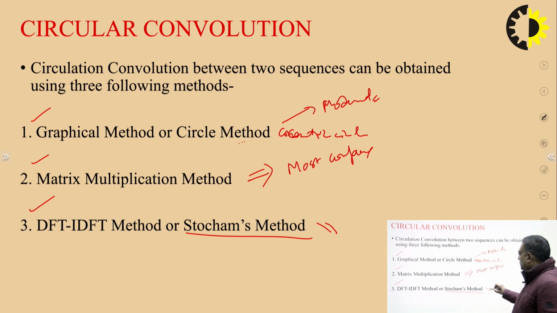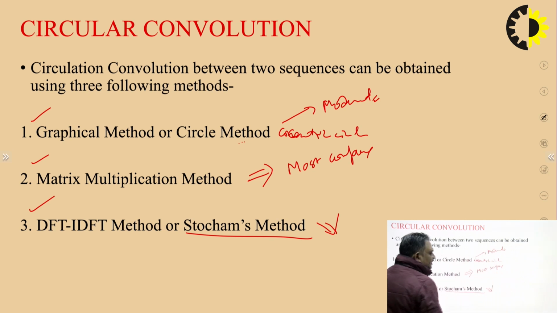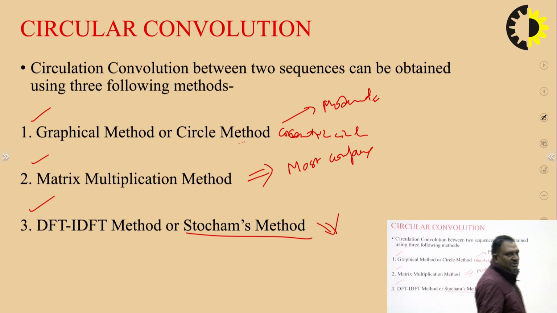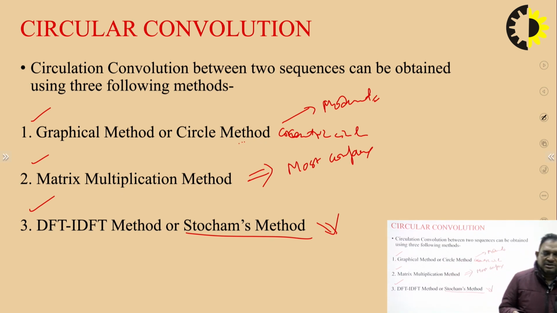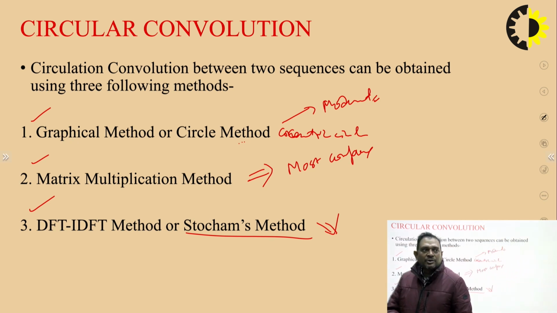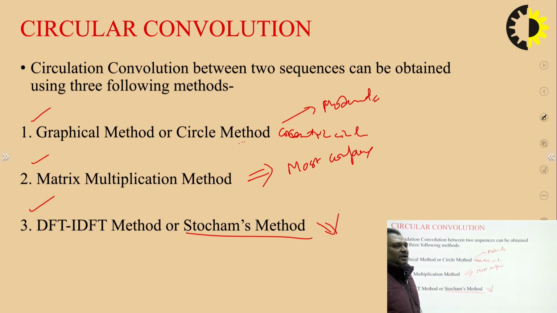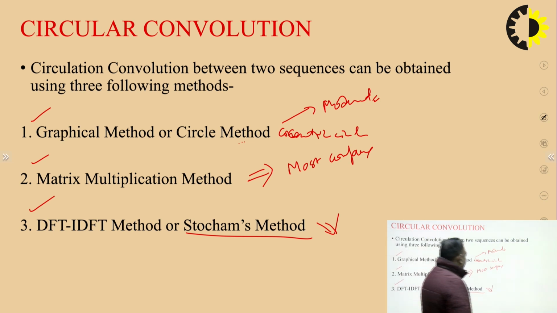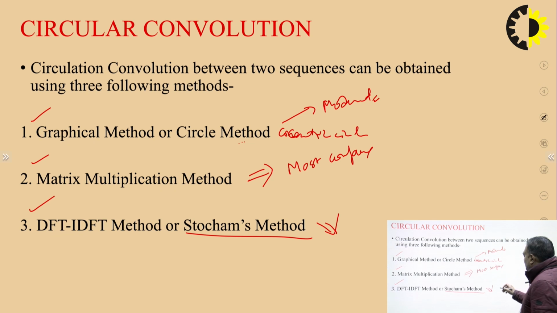And the DFT-IDFT method is the simplest one, because we take a simple approach. We have two sequences, we take the DFT of both the sequences, multiply them in the frequency domain, and then take the IDFT to find the circular convolution in the time domain. So this is most complex, moderately complex, and less complex.